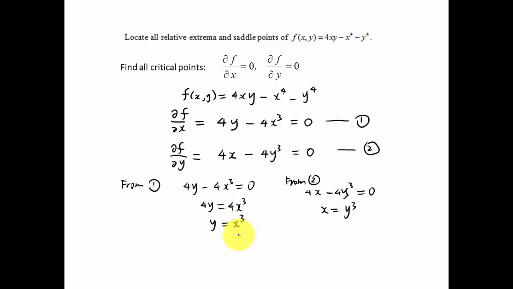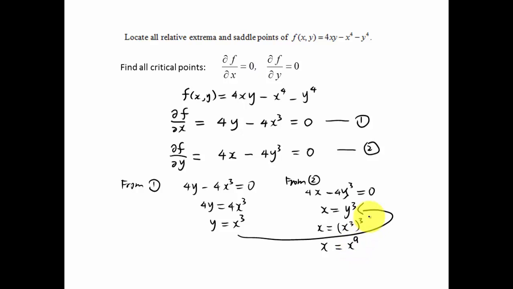Substitute y equal to x cubed into here. I get x equal to x to the power 3, raised to the power 3. So x equal to x to the power 9.